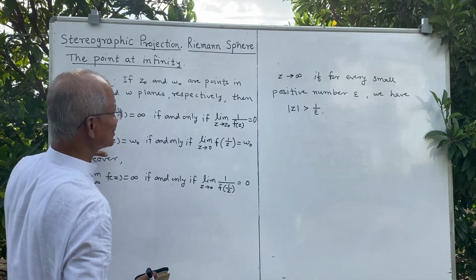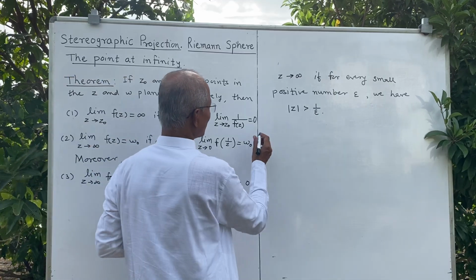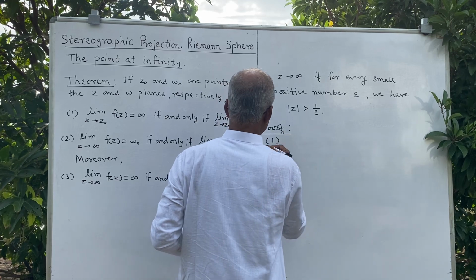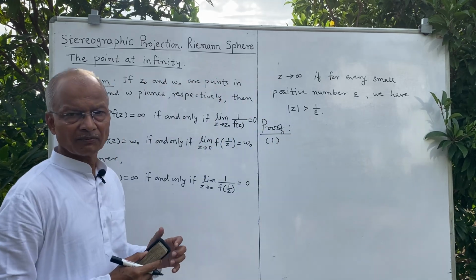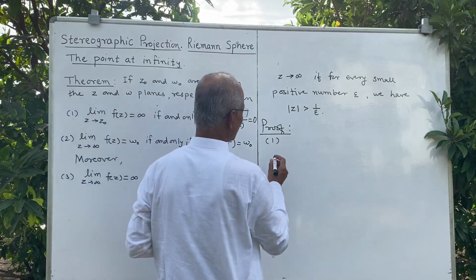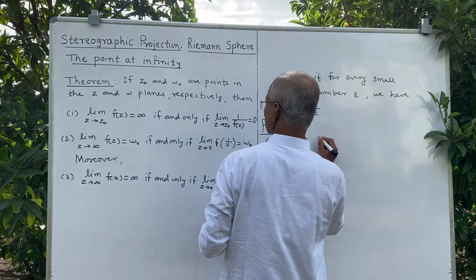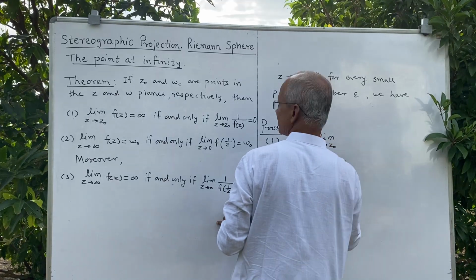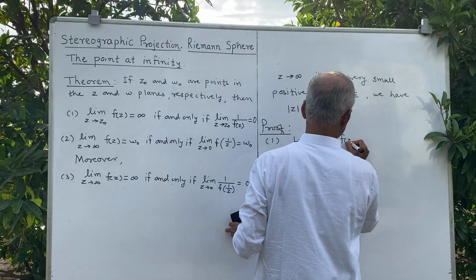Now, the first result we shall prove like this. Proof of the first: we will use the definition of limit to prove these results. Let z tend to z naught, and assume limit z tends to z naught of f of z is equal to infinity.